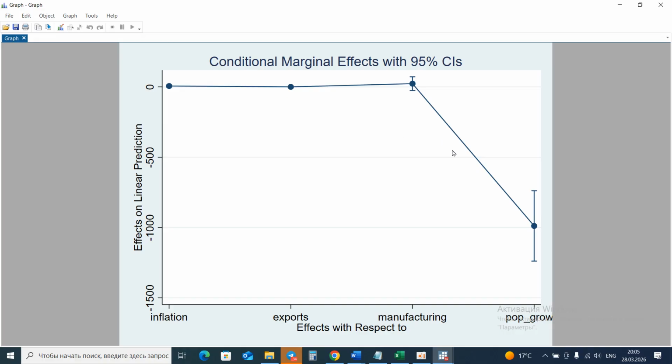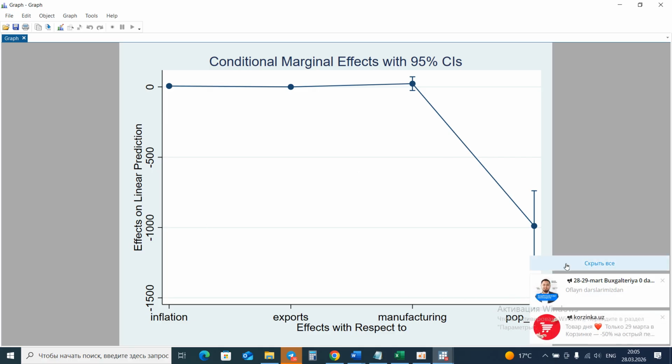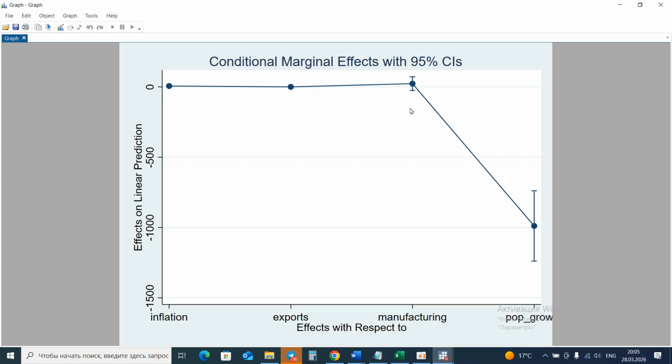So as you can see, it illustrates how much these variables are going to influence the GDP per capita, how much it will change from a 1 unit change in their amount or value.